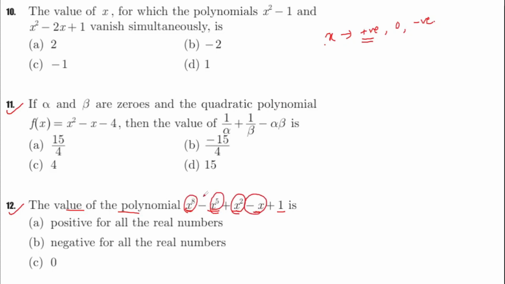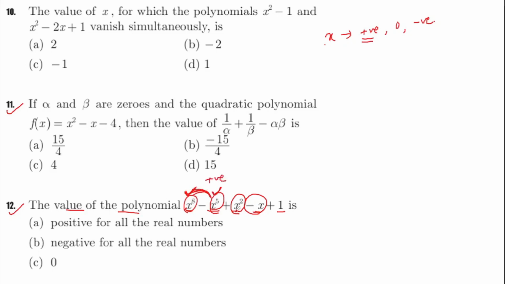But x to the power 8 will be bigger than x to the power 5, as one number is multiplied with itself 8 times and here 5 times. So obviously 8 times will be a bigger number. Hence x to the power 8 minus x to the power 5 will give you a positive number.